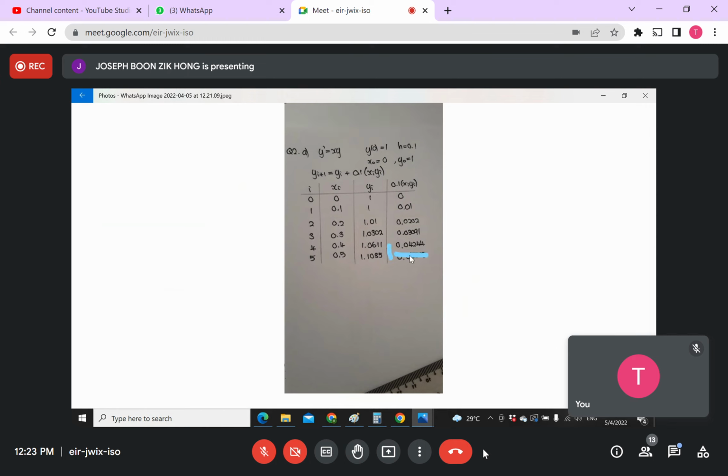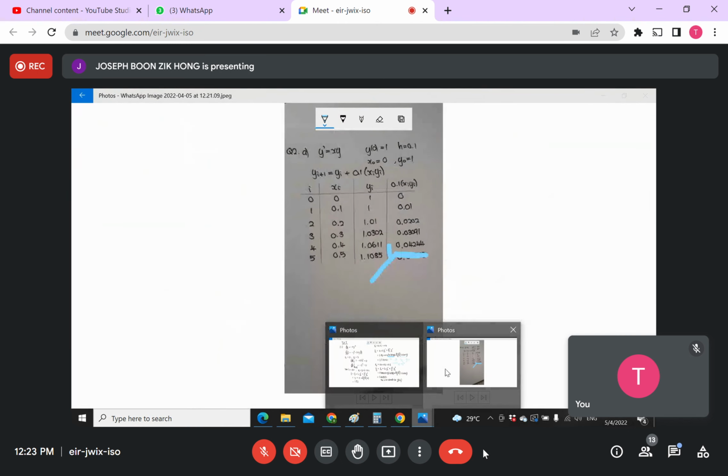This one no need to calculate because you are not going to calculate the max 0.6. You are only calculating to this point. So this one no need to calculate, but up to this one, everything is correct. So sorry for my mistake. Then I think the next one I also did wrongly.